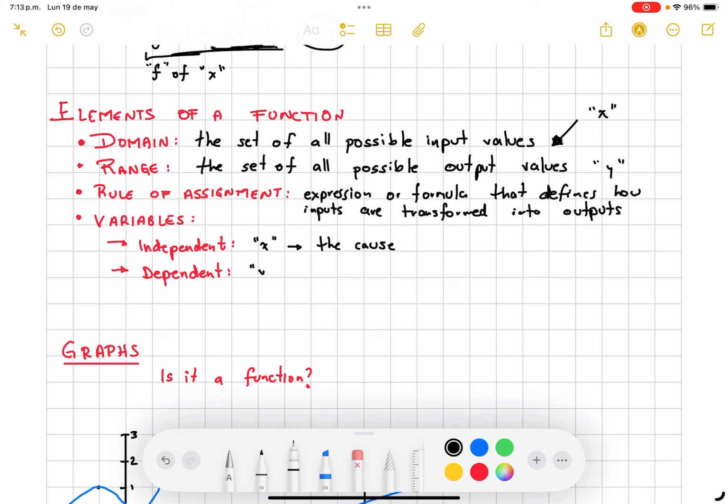And of course, the y variable, the dependent variable, is the effect. What does this mean? I said already that the x is part of the domain and the dependent is part of the range. So the independent is the cause. That means, for example, time. For example, okay?